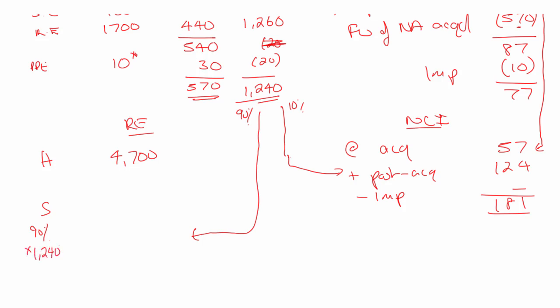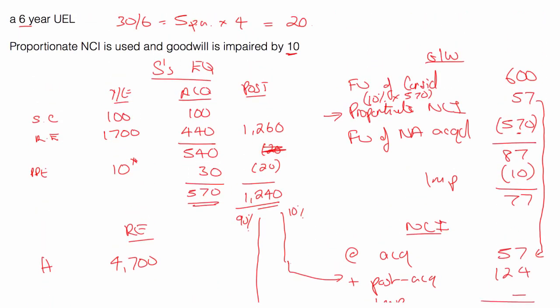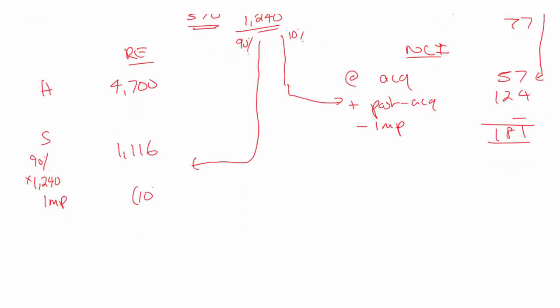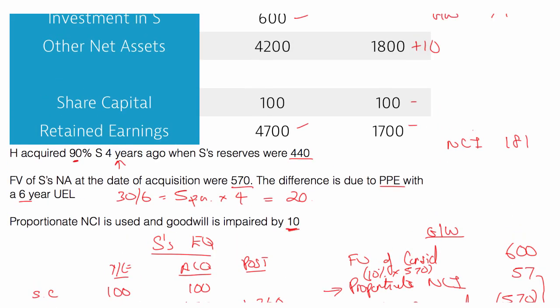I am going to need my calculator here. 1240 times 0.9 comes to 1116. Less any impairment. I'm doing proportionate goodwill, so all impairment is mine. So that is 10. So take off the 10, add on the 4,700, and I get 5,806. And I go put the 5,806 to my retained earnings.